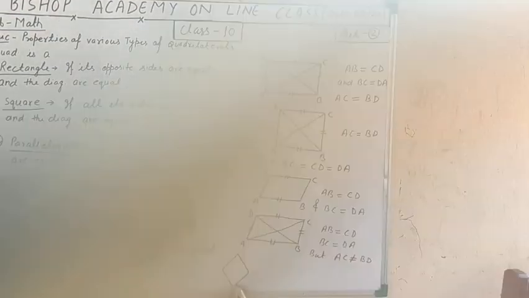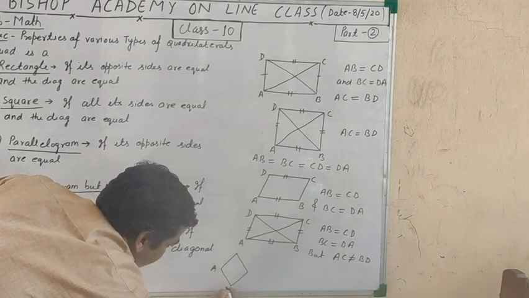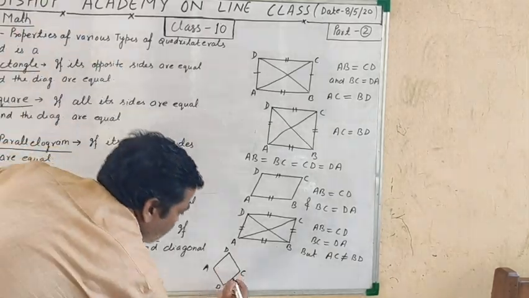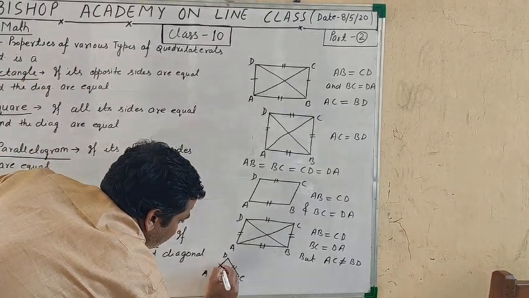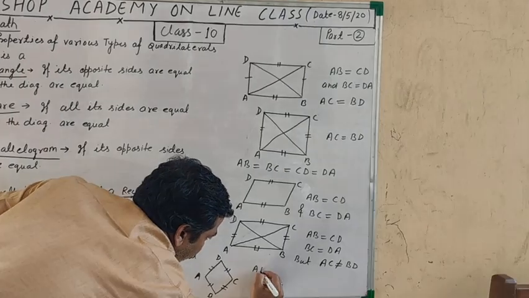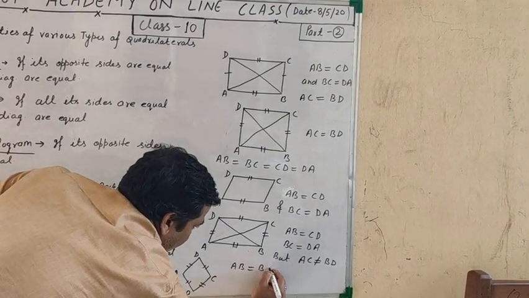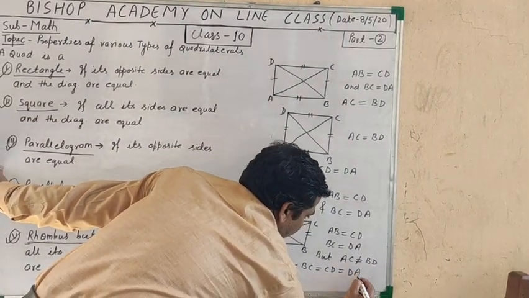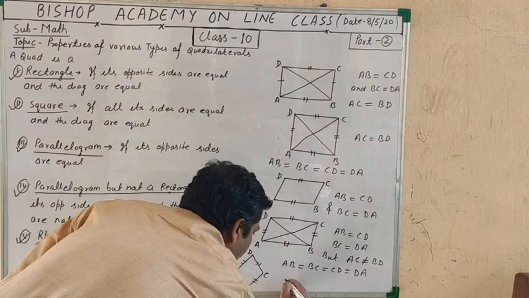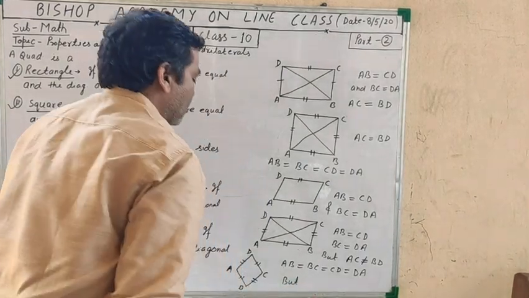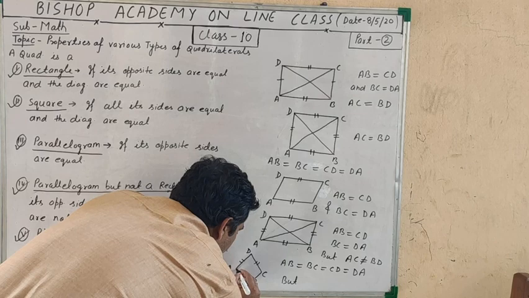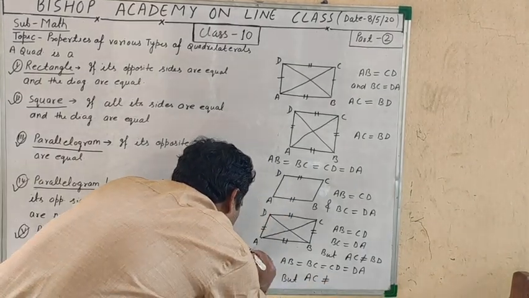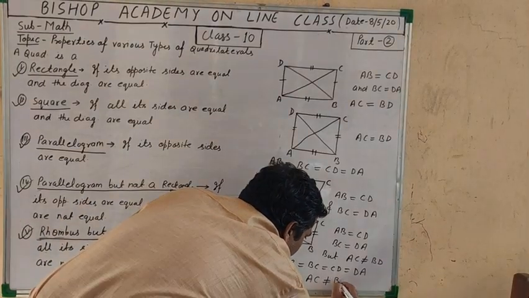A quadrilateral ABCD, all sides equal: AB equal to BC equal to CD equal to DA, but diagonals are not equal, AC not equal to diagonal BD.